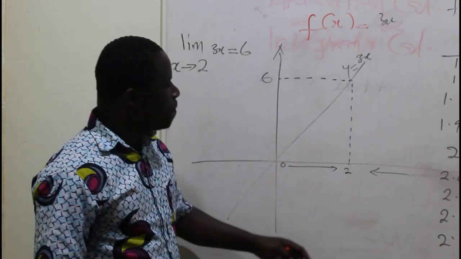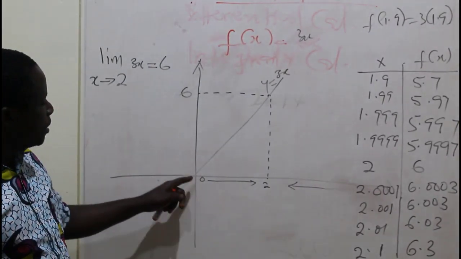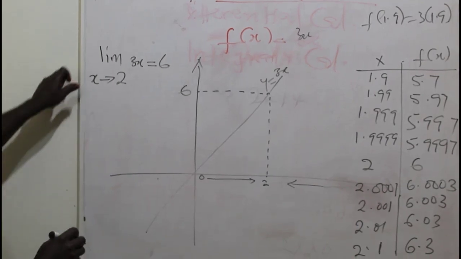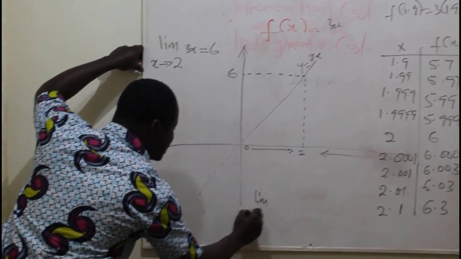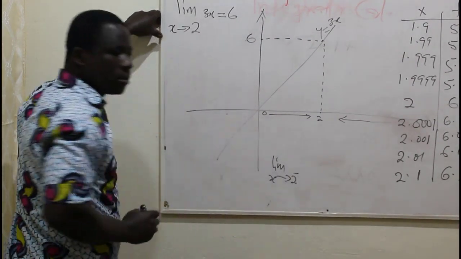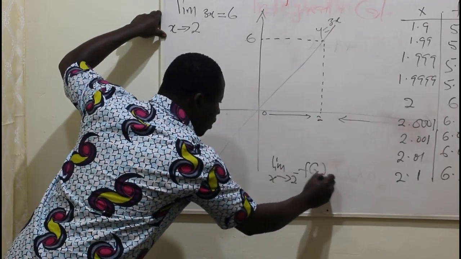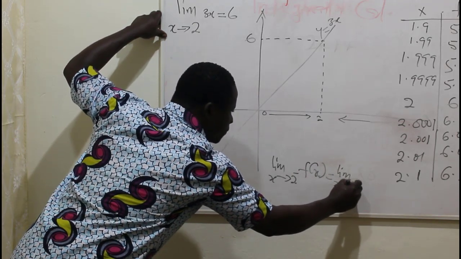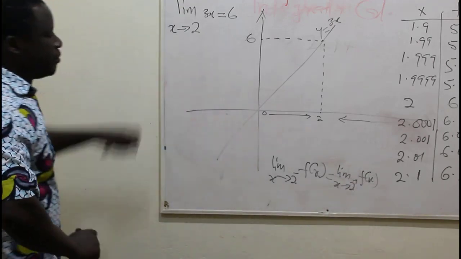But from 1.9 towards 2, we are moving towards 2 from the left. So we have a two-way limit. You can say limit as x approaches 2 from the left of the function, or limit as x approaches 2 from the right of the function, and they must always give you the same answer.